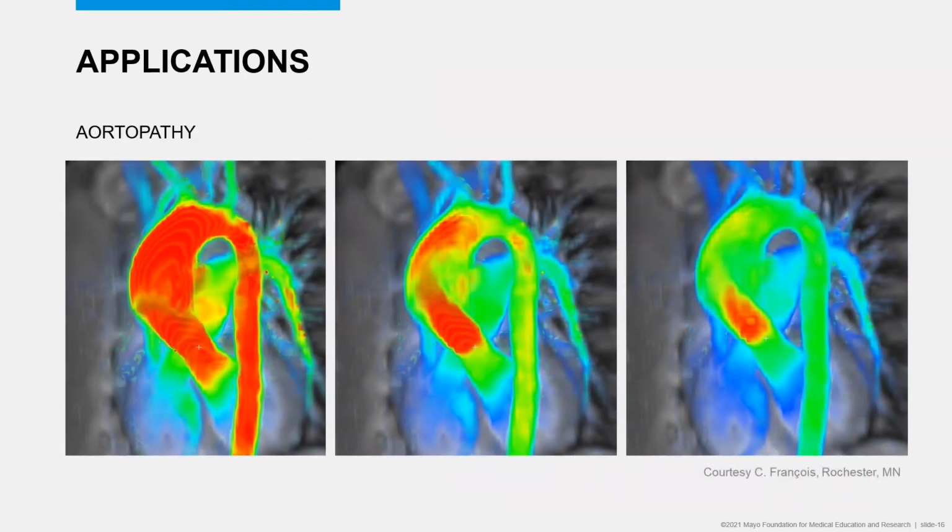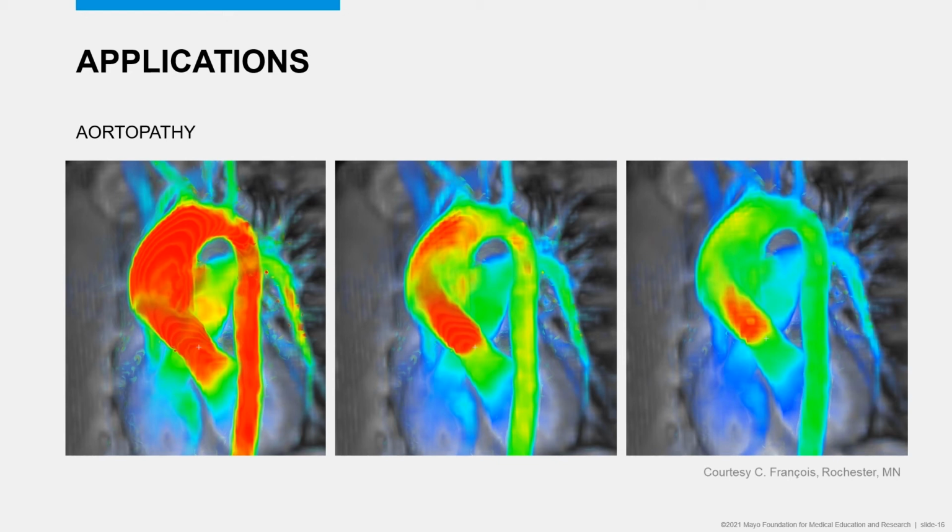Aortic disease is another common application for 4D flow. The large amount of volumetric data acquired with these sequences provides the advantage by helping guide where a measurement plane should be made, especially in cases like this as an example of aortic stenosis where there's elevated velocities throughout the ascending aorta.